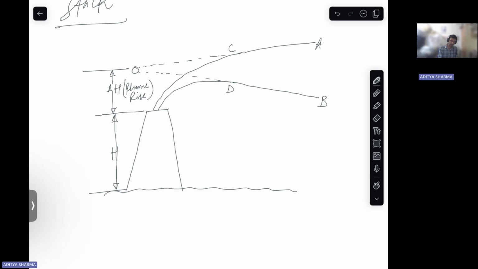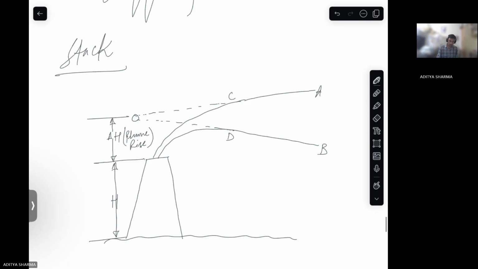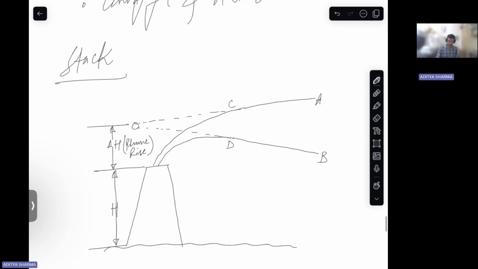And then we take its height from the maximum height of your stack. Okay. So this is your stack, right?